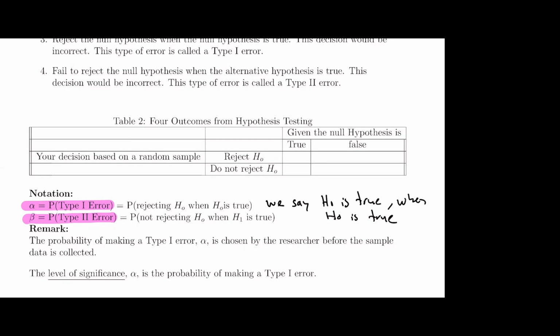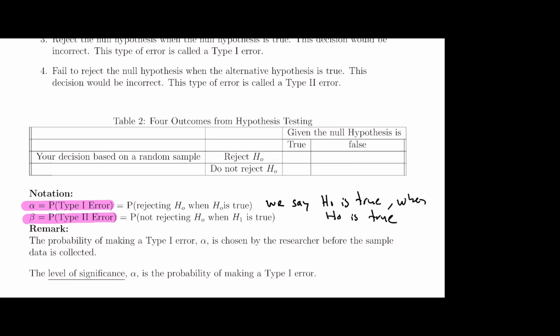All right. A type 2 error, which is beta, is when we say the null hypothesis is correct, but the alternative hypothesis is actually true. Still using the sky example, it would be me saying the sky is blue, but in actuality the sky is red.